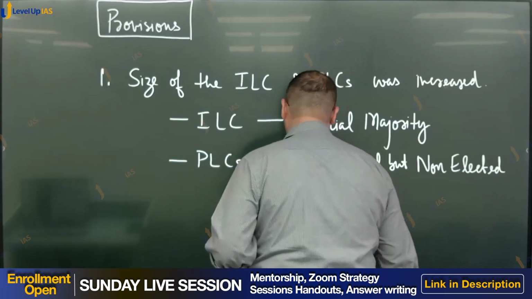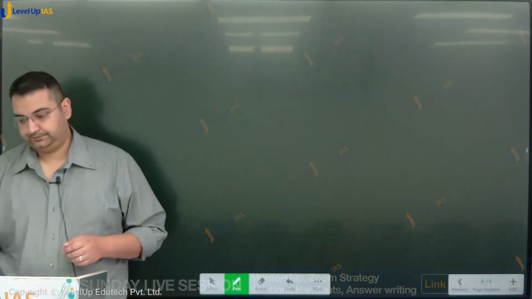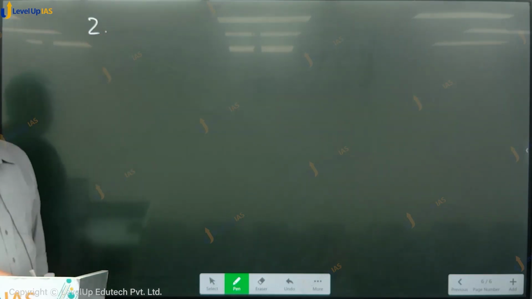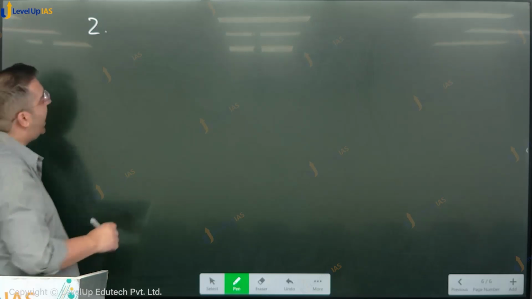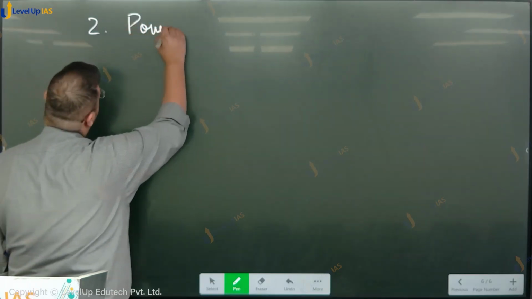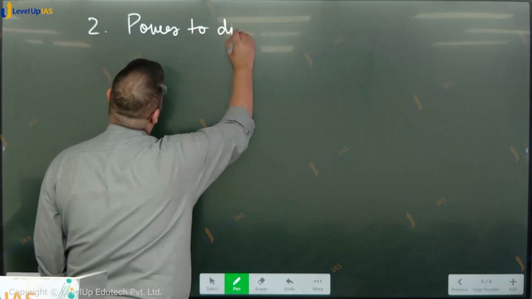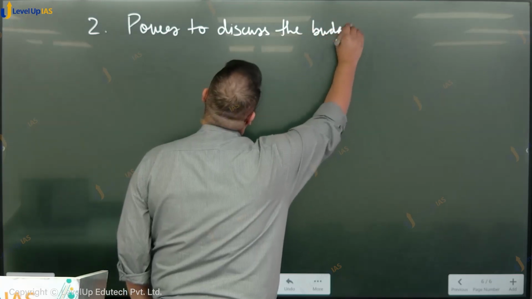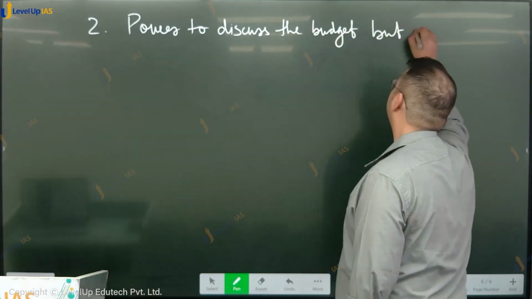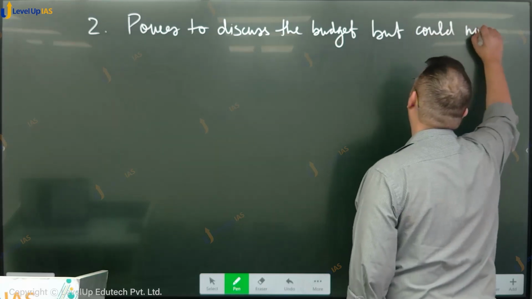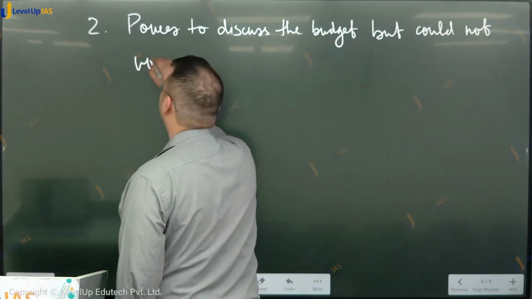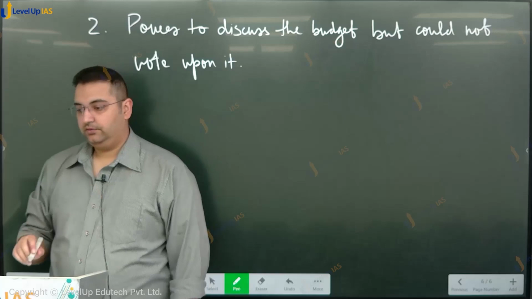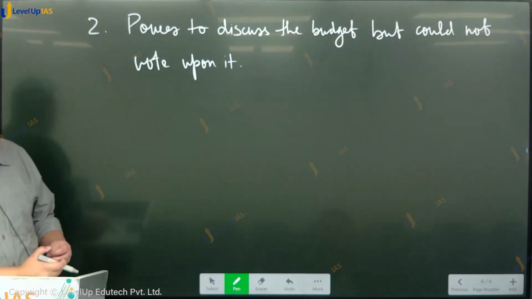आगे लिखो. नंबर 2, members had the power to discuss the budget, but could not vote upon it.